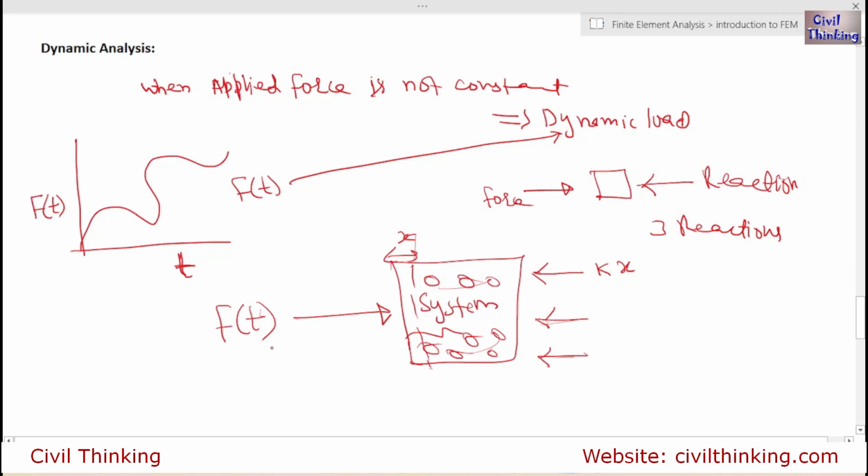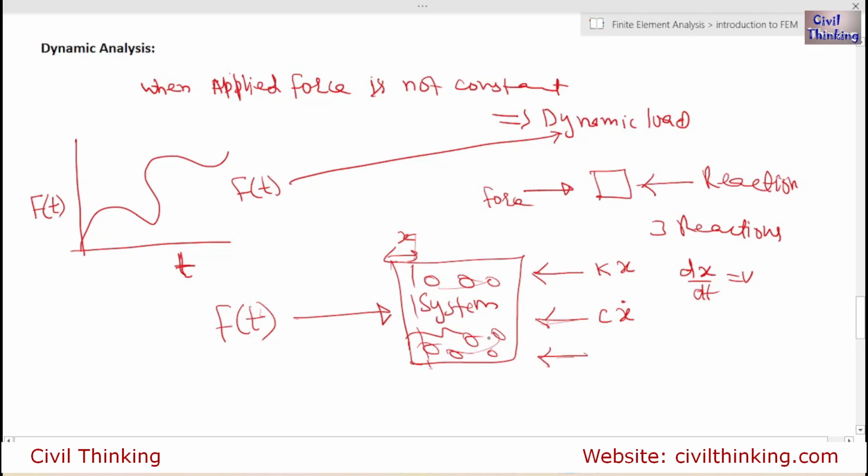But when you apply a dynamic force, there will be a change in the velocity, and to resist the change in the velocity, there will be another reaction, which we call cx dot. x dot is what? x is a displacement and dx by dt is velocity. So x dot means one time differentiation, d by dt of x, and that becomes velocity.